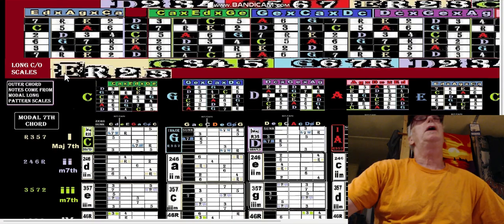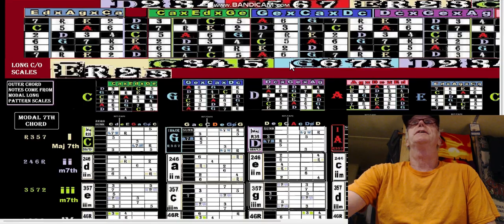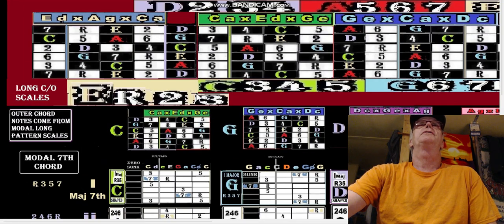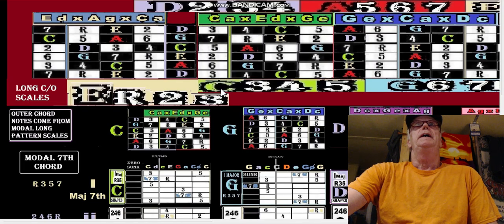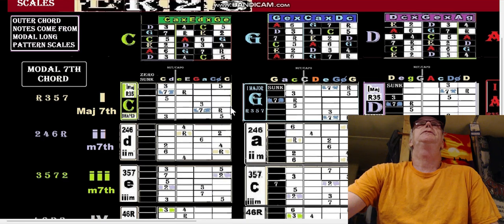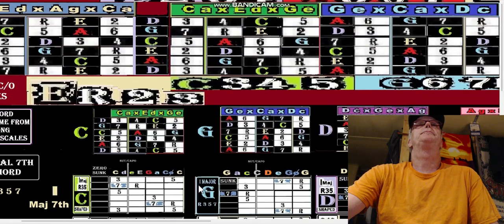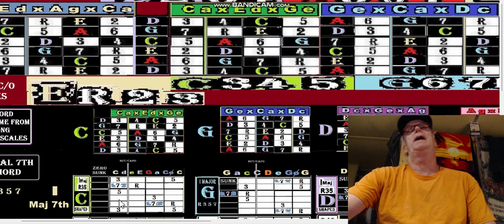The reason why I've put the long patterns here, the long string shape labels, we talked about the modals, is because it's going to help us understand what these notes are. So let's take an easy example. We're looking at the C chord. Okay, we're going to play root 3 and root again, and we have open 3, open 5.